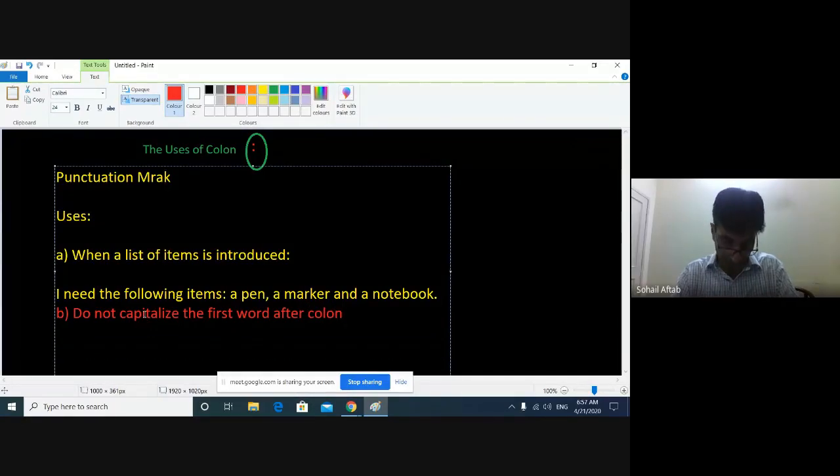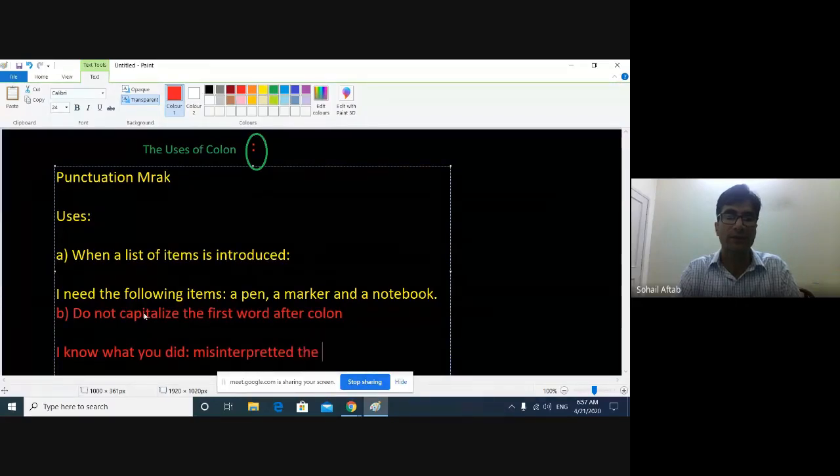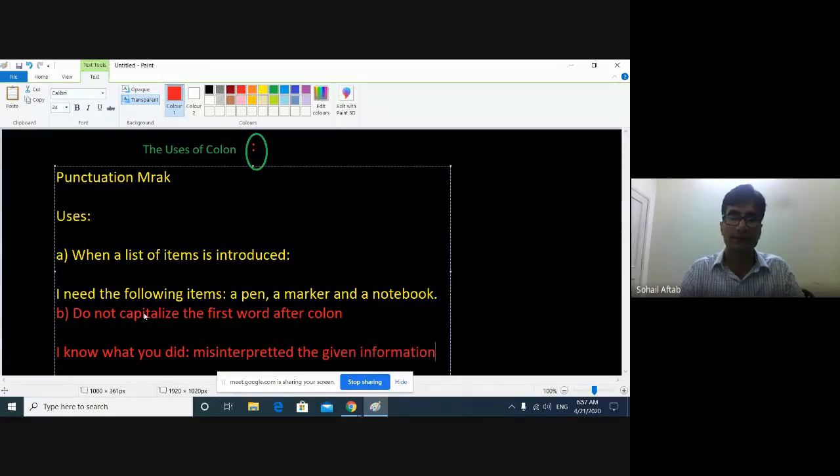For instance, I know what you did: misinterpreted the given information. Okay. Now here in this example, you see, I know what you did, misinterpreted the information.